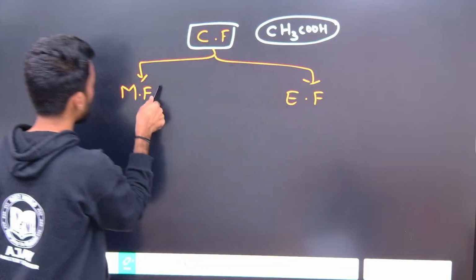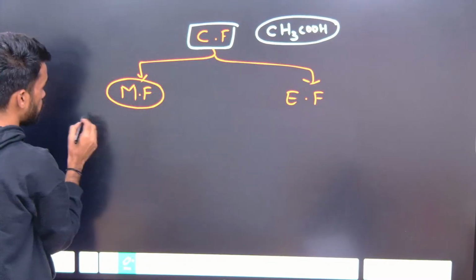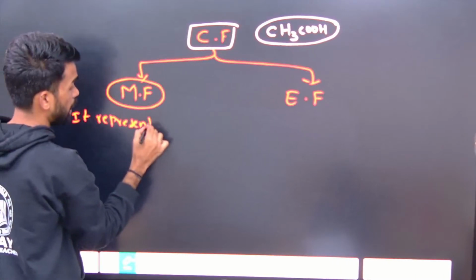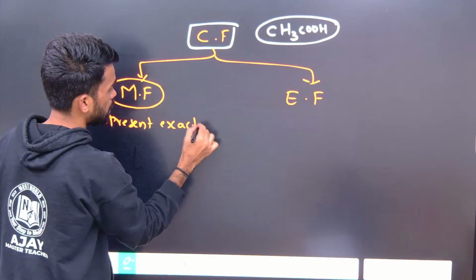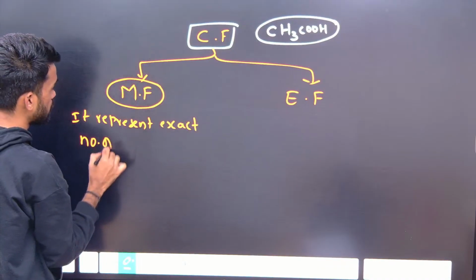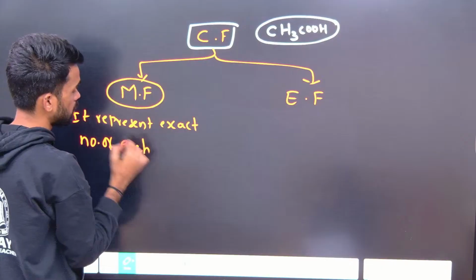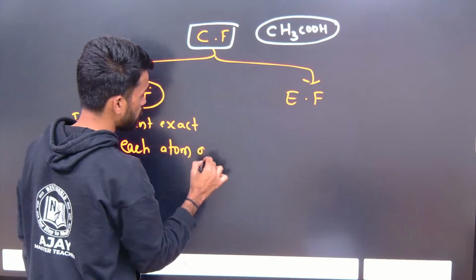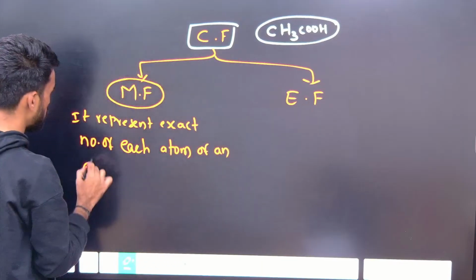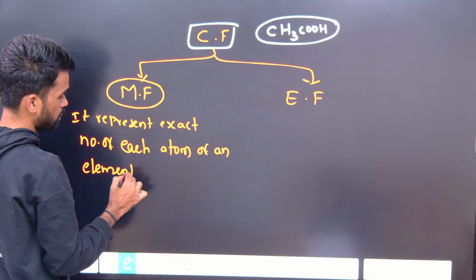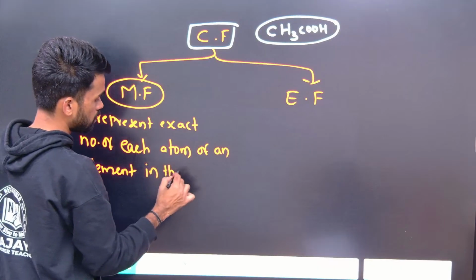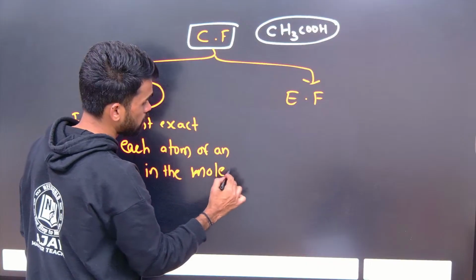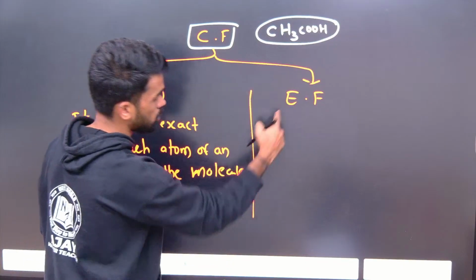Molecular formula represents the exact number of each atom of an element in that compound molecule. And what about empirical formula?